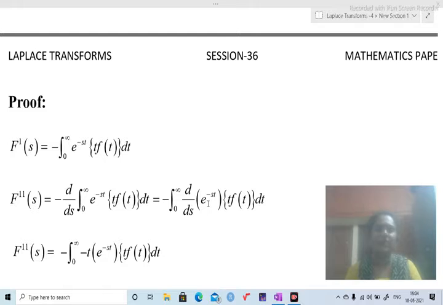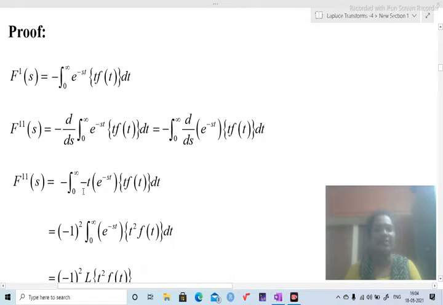Already you know the differentiation of e power minus st with respect to s is minus t into e power minus st. T f of t as it is. Again minus into minus is minus 1 whole square, integration 0 to infinity e power minus st, t into t is t square, f of t dt.